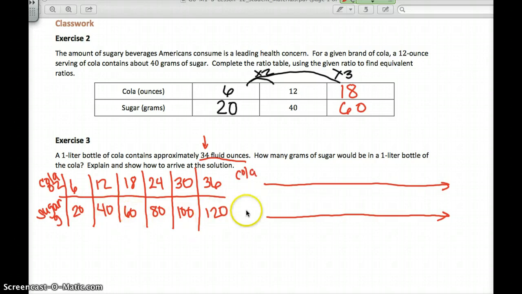And then down here, we're going to use our sugar. So these are 2 different things. All right, so we're going to start with 0 on our double number line diagram. Now, we're going to start with using our table. So we have 6 and 20.